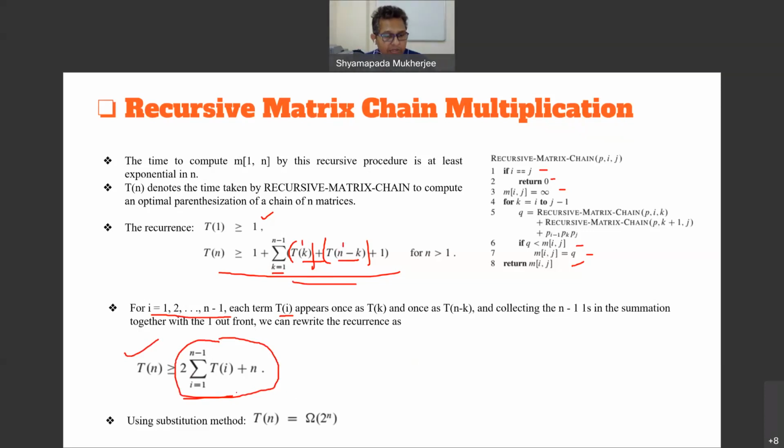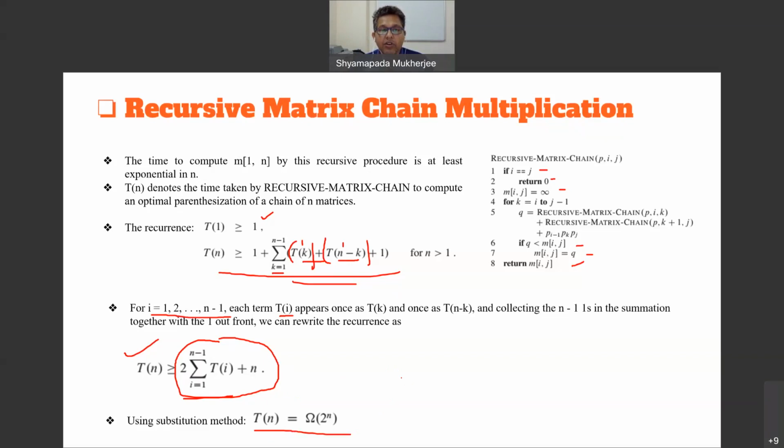Using the substitution method, we can find that T(n) is omega of 2 to the power n, that is, exponential. To avoid this kind of exponential computation, we use the idea that the dynamic programming approach provides.